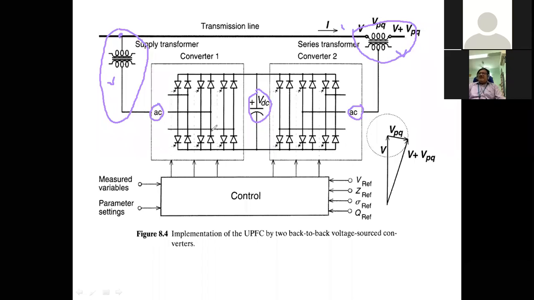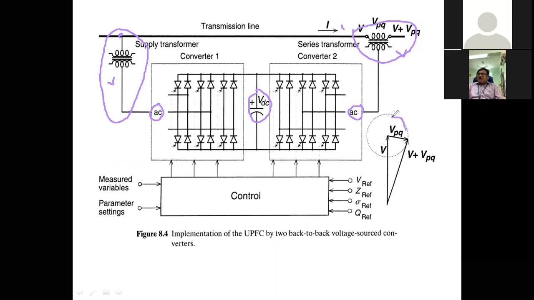SSSC means generally it will compensate only like series compensator capacitor. Okay, like that it will compensate. But here you will have all the possibilities. Shunt compensation is done, and also series compensation is done, like capacitor, variable capacitor, or like phase shifter. So that is the advantage.